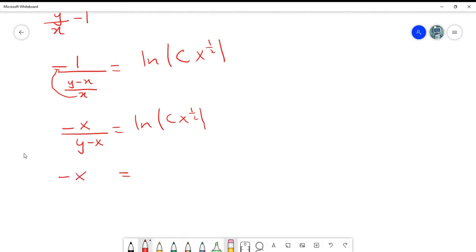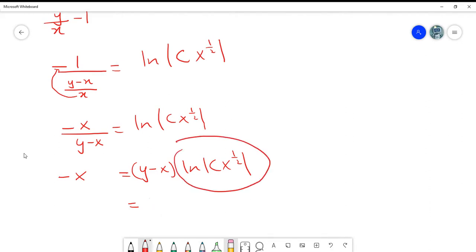So we have minus x equals y minus x times ln of cx to the power of 1 over 2. Now let's open the brackets. In fact, we can simply take this and divide it by minus x.